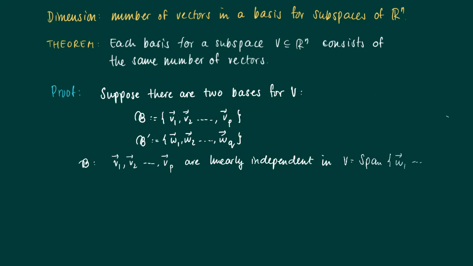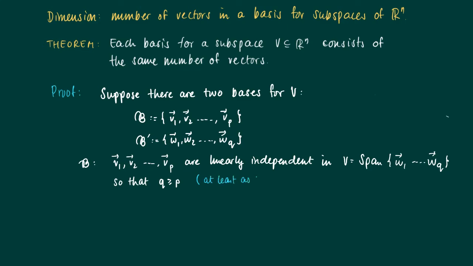And we already have shown that we need at least as many elements to span a subspace as we can find linearly independent ones. So that q must be at least p.